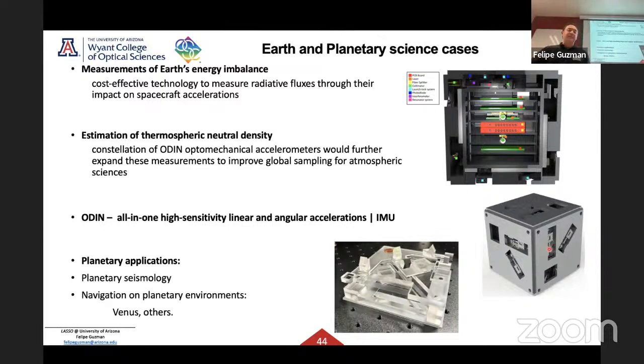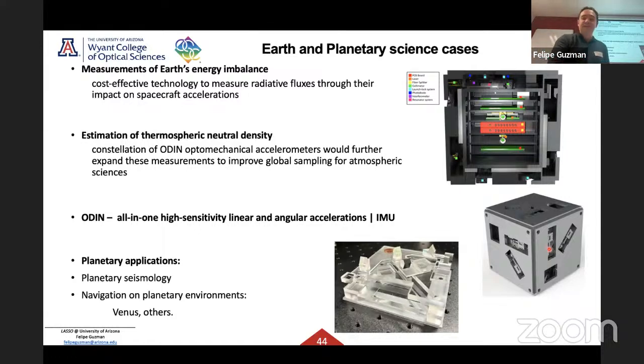Some people at JPL approached us because they're interested in flying balloon missions in Venus. Now, the Venus atmosphere is very thick. It doesn't give you access to observe the stars for star tracking and orientation. So you need to rely on something like this to be able to navigate.